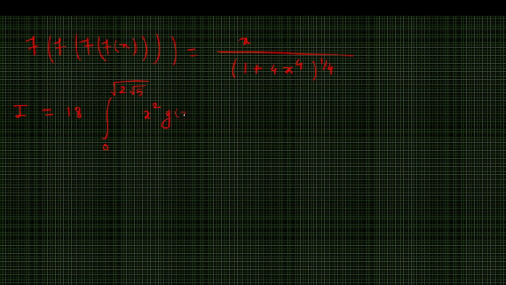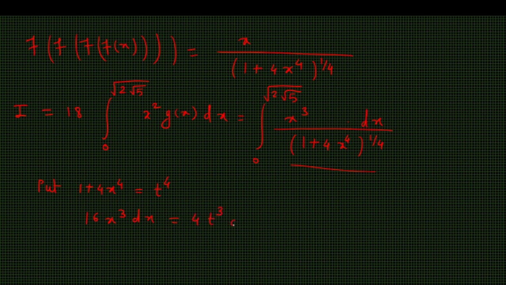X square, we have g(x) as x upon (1 + 4x^4)^(1/4). So from 0 to √10 we get x³ upon (1 + 4x^4) to the power 1/4 into dx. Now, to solve this integration, we will put 1 + 4x^4 is equal to t^4.